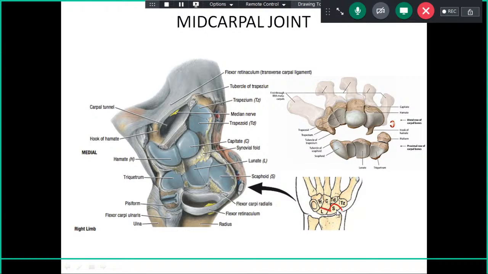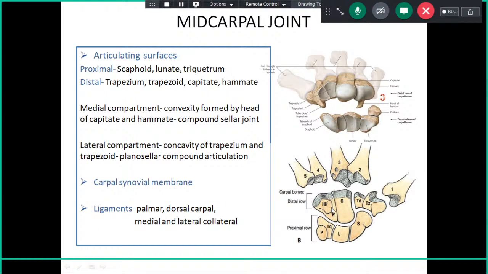I'll talk about it. Okay, so the articular surfaces of the mid carpal joints are, proximally we have the scaphoid, lunate and the triquetrum, and distally we have the trapezium, trapezoid, capitate and hamate. Now the mid carpal joint, there are essentially two compartments.